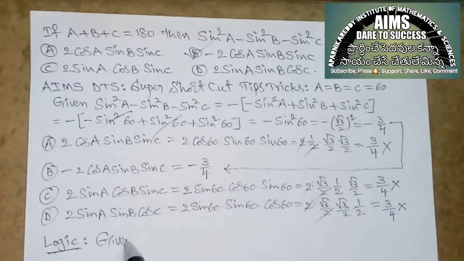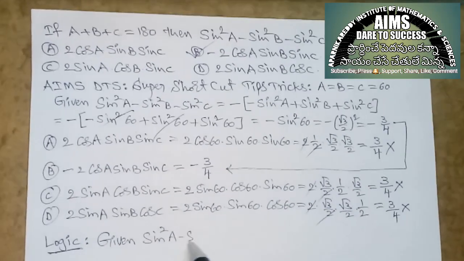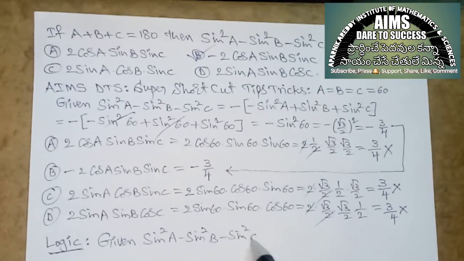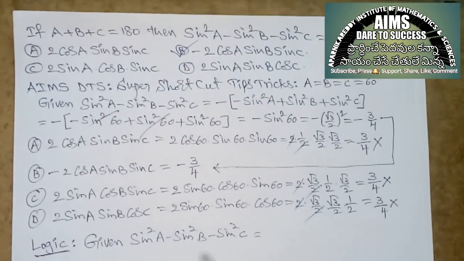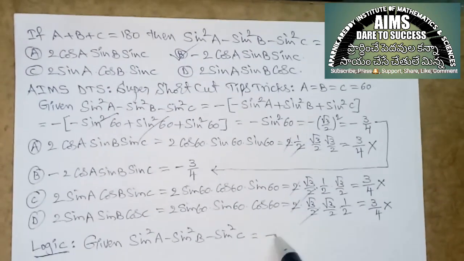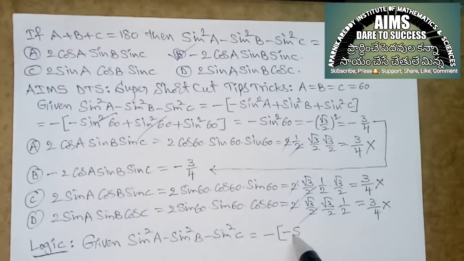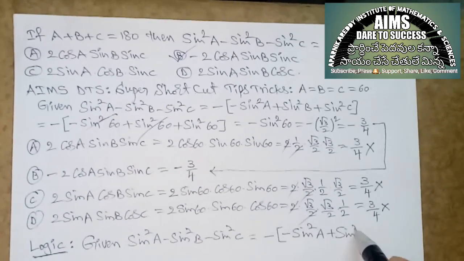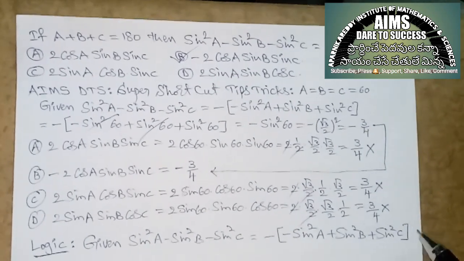I am taking the given value, sin square A minus sin square B minus sin square C. In any question where you have two negative symbols, you can follow my logic: take minus common. The remaining value is minus, sin square A plus sin square B plus sin square C.